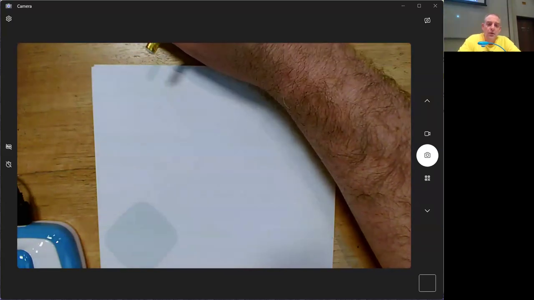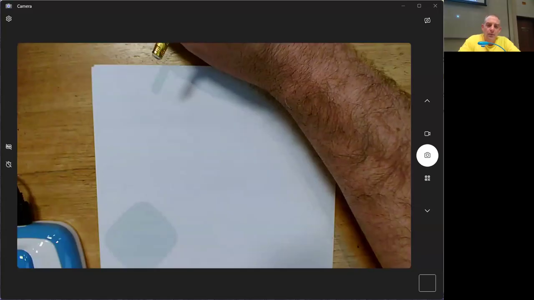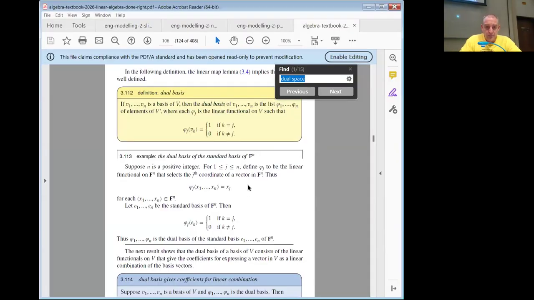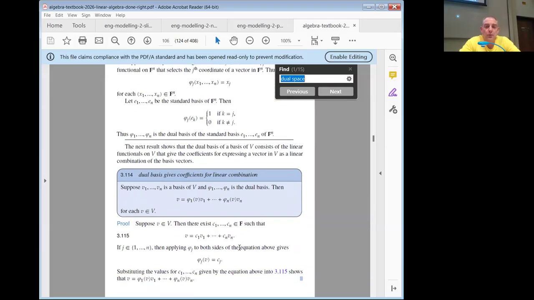Okay, so technically if you have a basis, once you've got a dual basis, we're gearing up to orthogonal projection here, similar to what was in first year linear algebra.